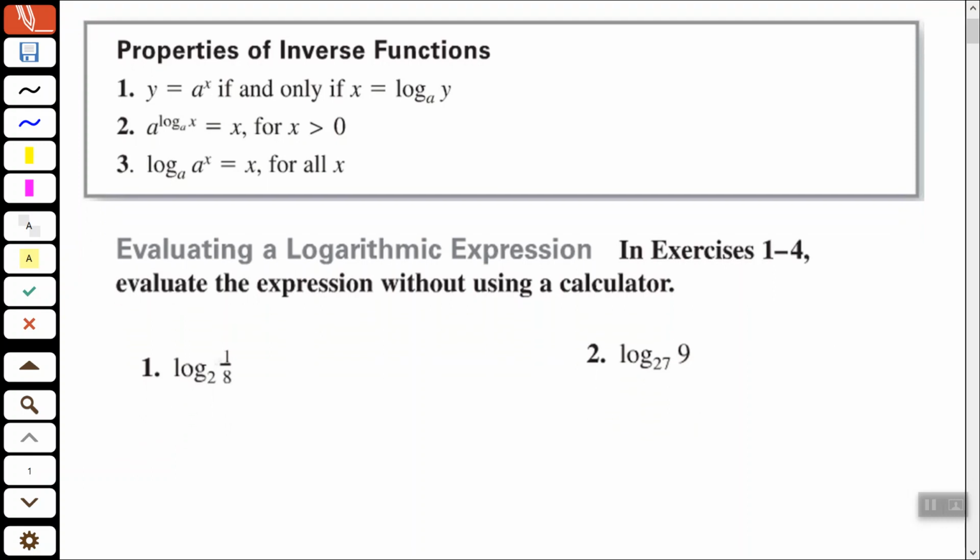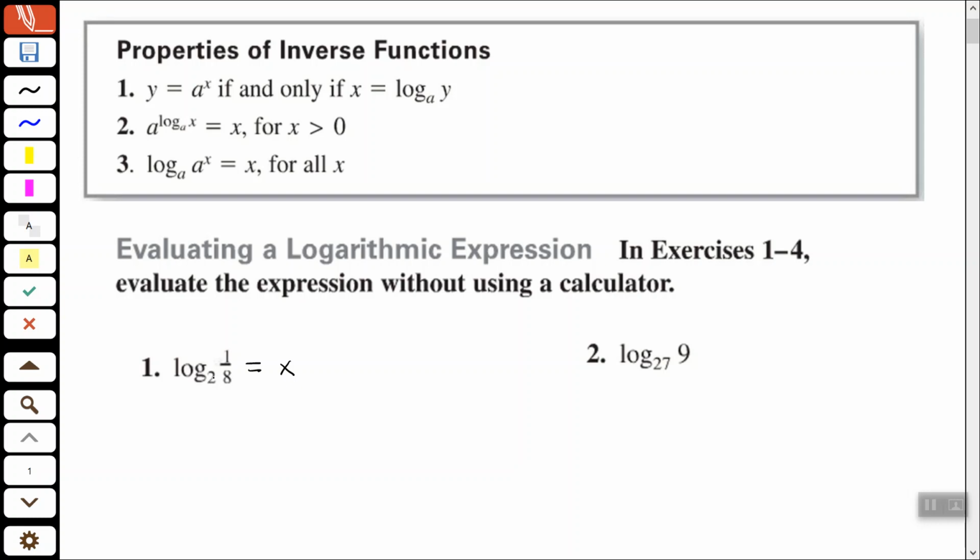All right, number 1, log base 2 of 1/8. We want to evaluate this expression without using a calculator. What I would do is set this up as an equation, since we're trying to figure out what this is equal to. So you need to rewrite this using property 1.